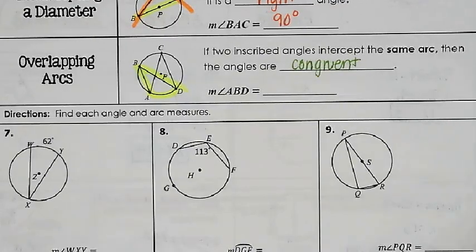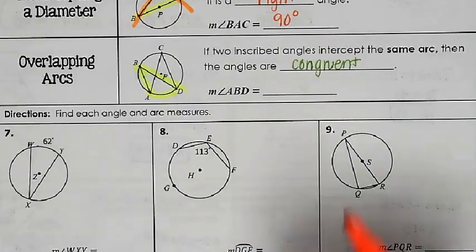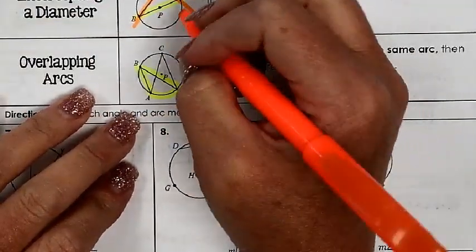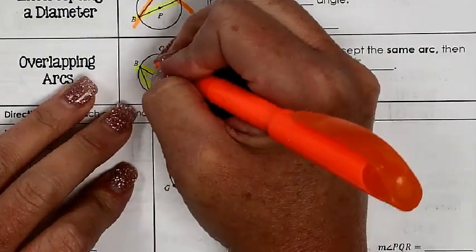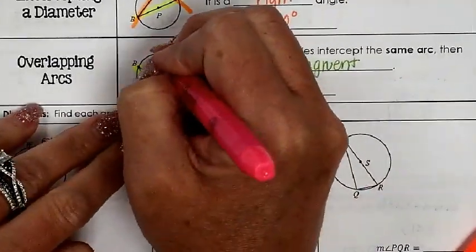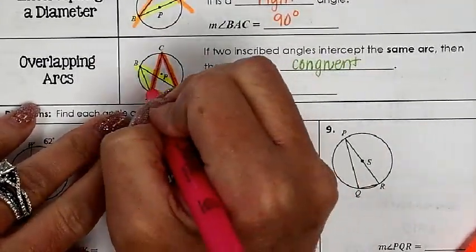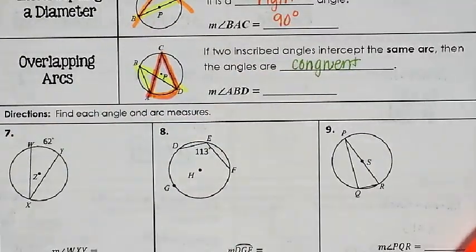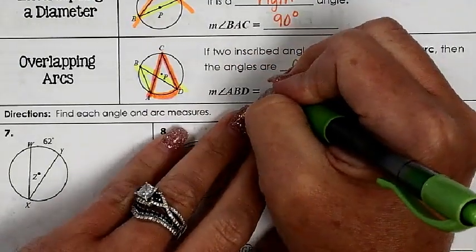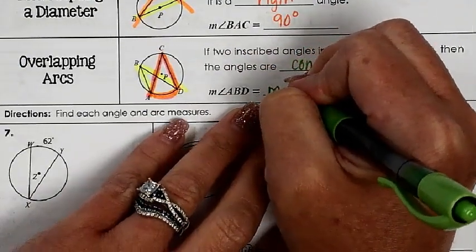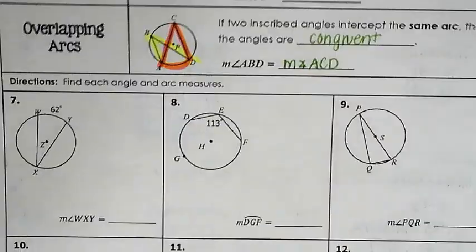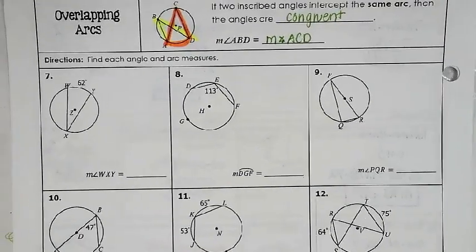The other angle that intercepts arc AD is angle ACD, so it intercepts this arc. So they both intercept the same arc, so that means that they are congruent. So the measure of angle ABD is equal to the measure of angle ACD. Any questions?